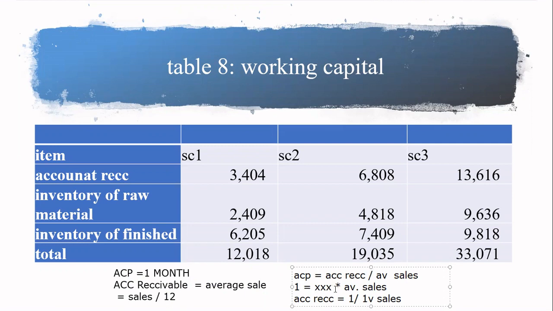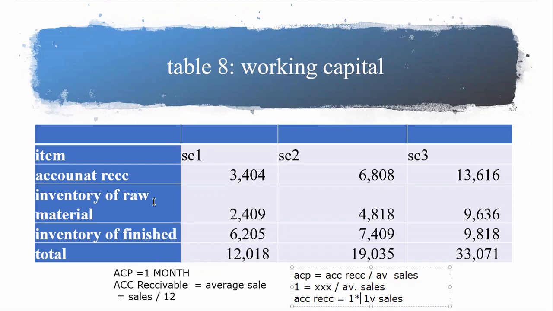Here I have 1, and the account receivable is unknown, so it is a very direct substitution: the account receivable equals the ACP times the average sales. So if it is 1 month, you can get the account receivable easily by taking the average sales directly.